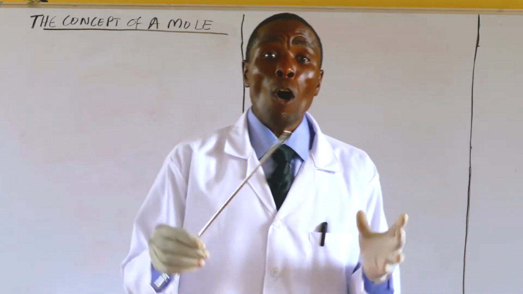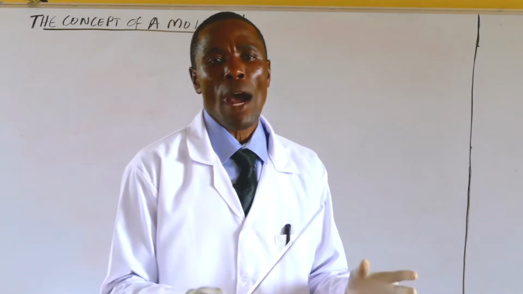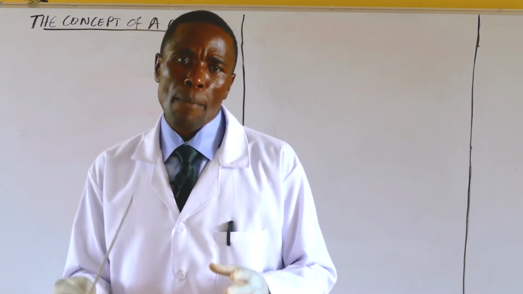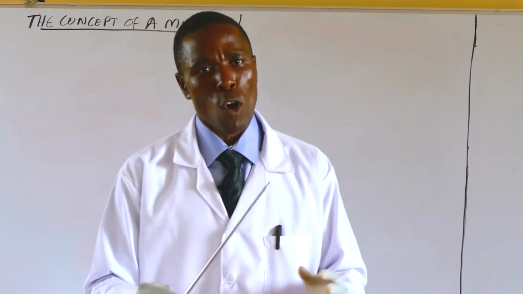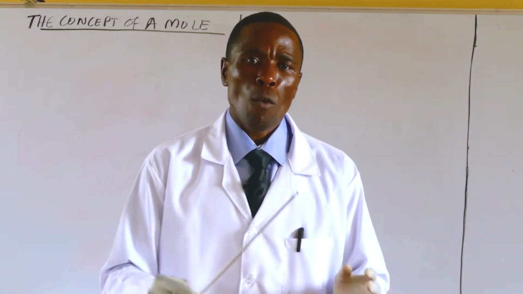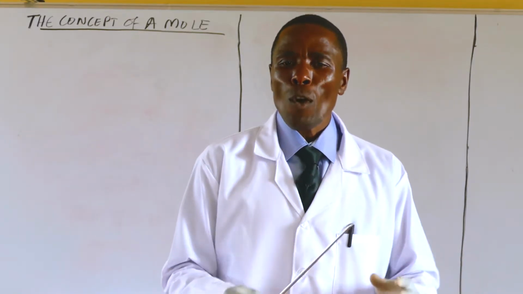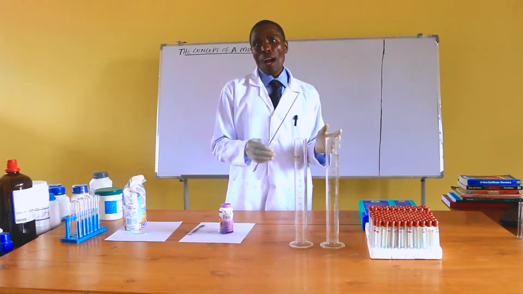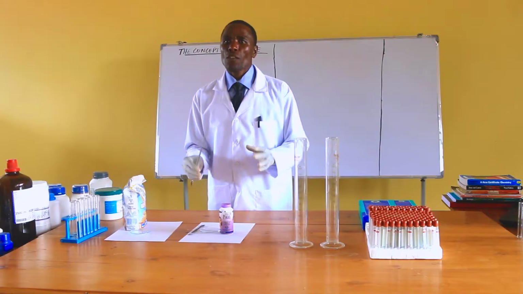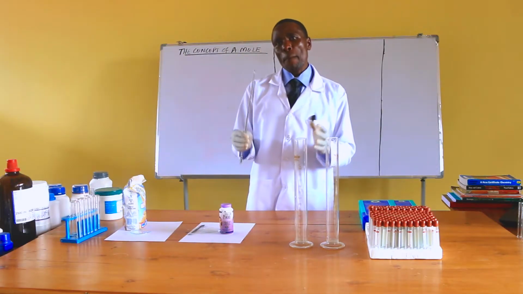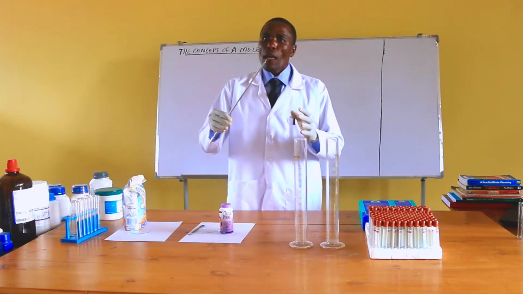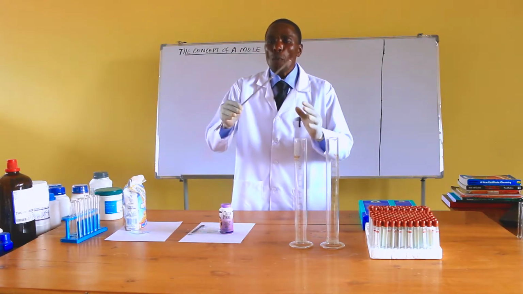Objects that can be counted one by one can be counted in groups of 2, in groups of 12, in groups of 144, in groups of 500, and there we find the units such as a pair, being 2 objects, a group of 2 objects.